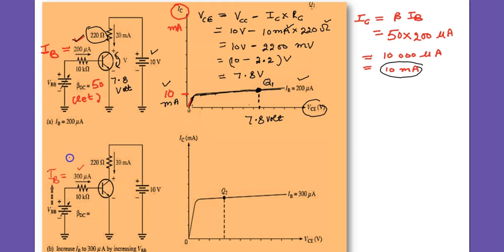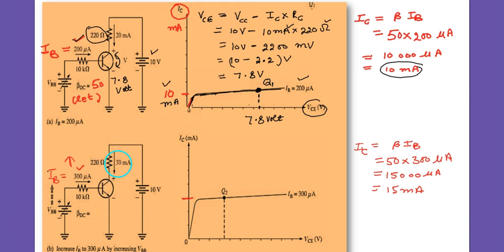Now in this figure IB is increased from 200 to 300 microampere. So IB is increased, that means IC will also increase. So it becomes 15,000 microampere, and 15,000 means 15 milliampere.